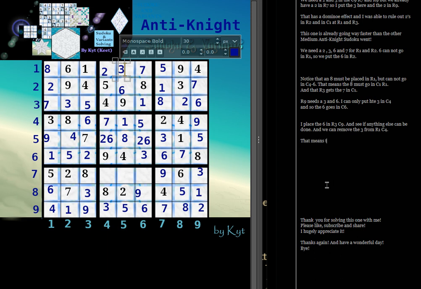That means that the numbers must go 2, 3, 7 in row 1.